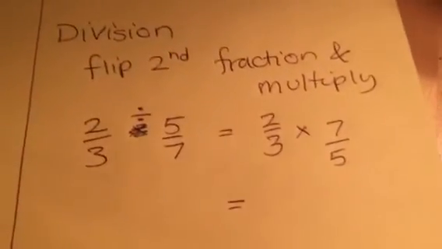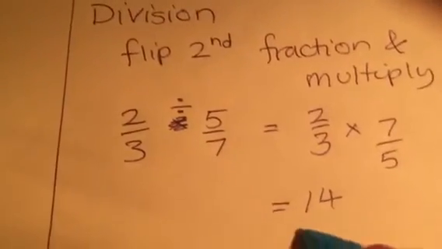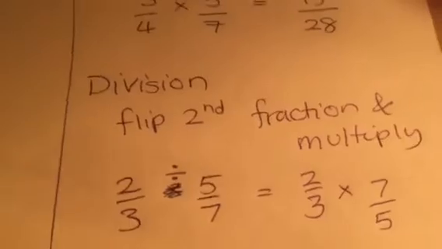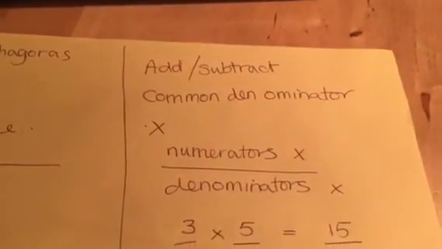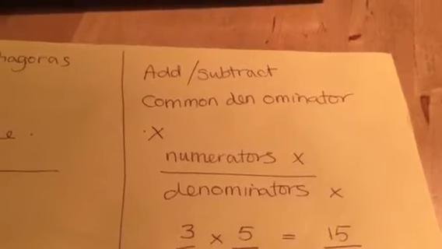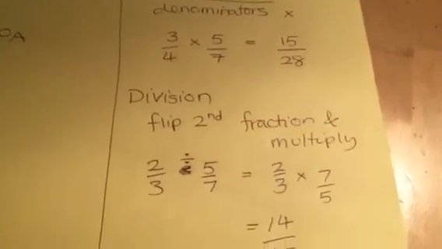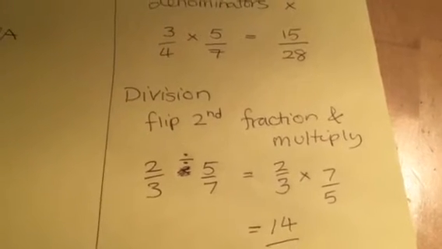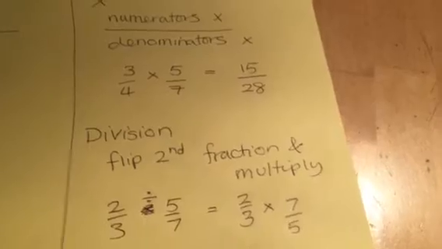Use your rules for multiplying, so 2 times 7, 14, over 3 times 5 is 15. So you need the 4 rules for fractions: adding, subtracting, multiplying, and also dividing. We'll look more in the lesson at cancelling down fractions.